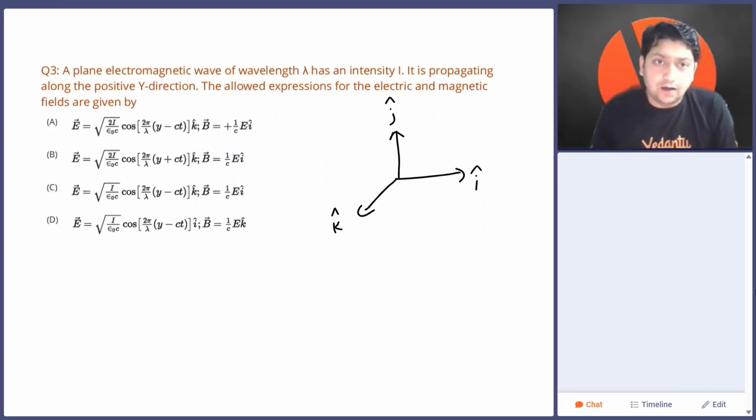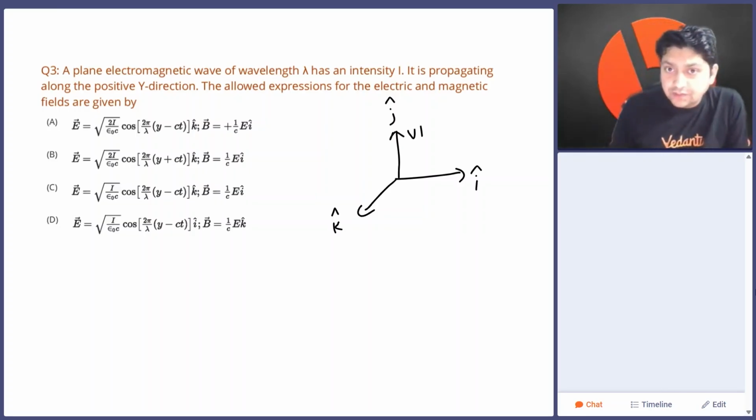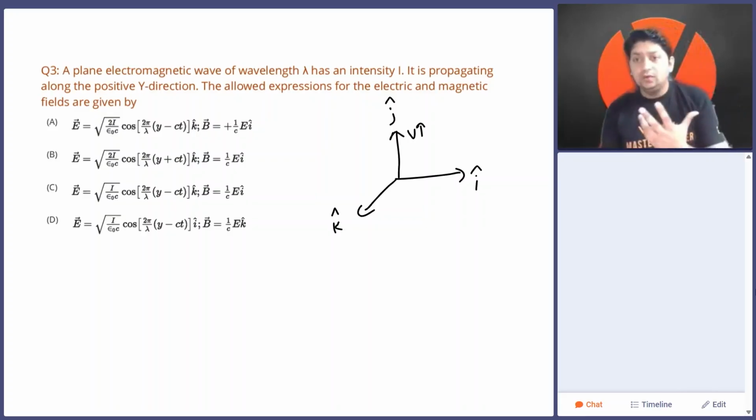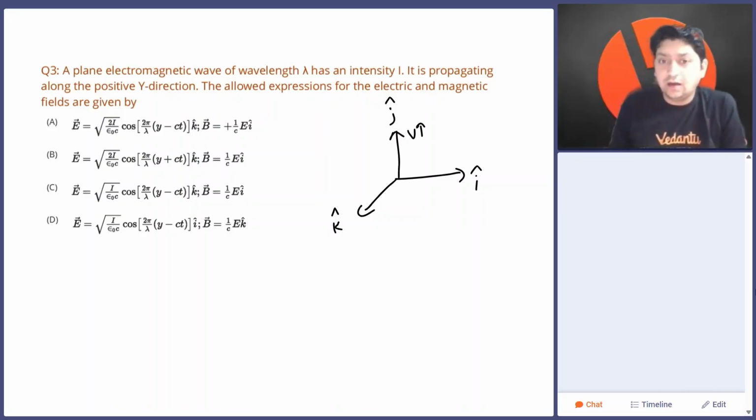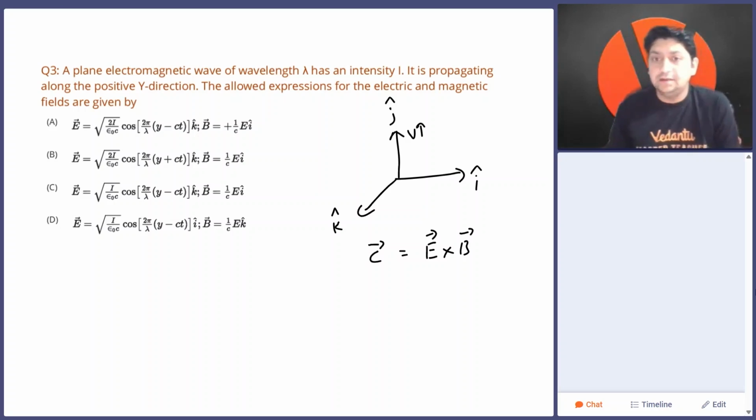A plane electromagnetic wave of wavelength lambda has an intensity I. It is propagating along the y-axis. So the velocity of the wave is in this direction, towards j cap. Okay, and we know that electric and magnetic fields are perpendicular to each other, so we know that the C vector will be E cross B, right?